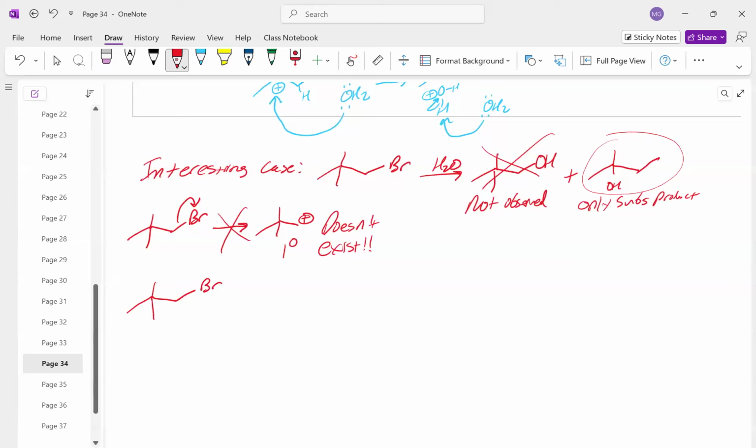So instead of the leaving group leaving first, what we're going to do is demonstrate how that leaving group can leave and the rearrangement happens to form a stable carbocation. So we're going to move this methyl first and kick off the leaving group at the same time. And so when that happens, I've done the rearrangement and made a stable carbocation all at once.